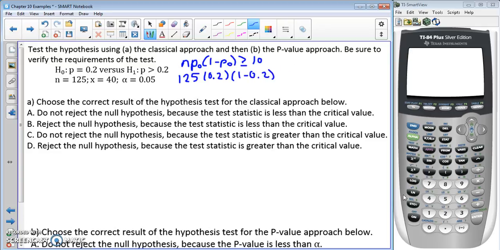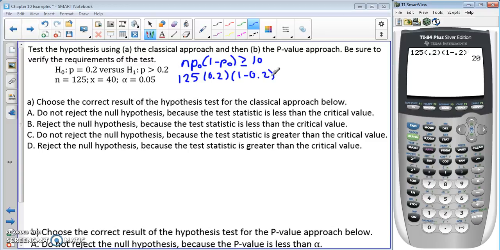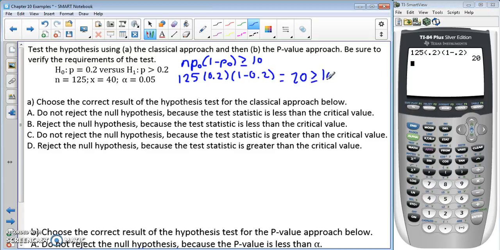Let's do that on our calculator. So 125 times 0.2 times 1 minus 0.2. So we get 20, which is greater than or equal to 10. So we're good to go.